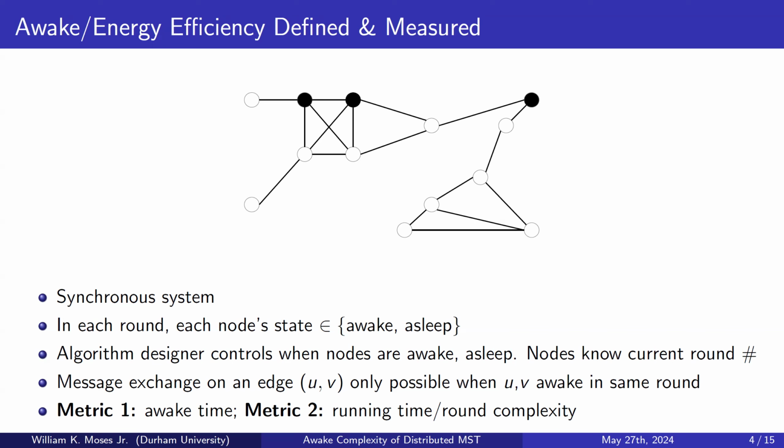That is the awake time. And the other metric we use to measure algorithms is the usual traditional running time, also known as round complexity. What is that? Essentially, from the start of the algorithm until the end of the algorithm, that is, until the last node has performed some computation, how many rounds have elapsed? That is the round complexity.